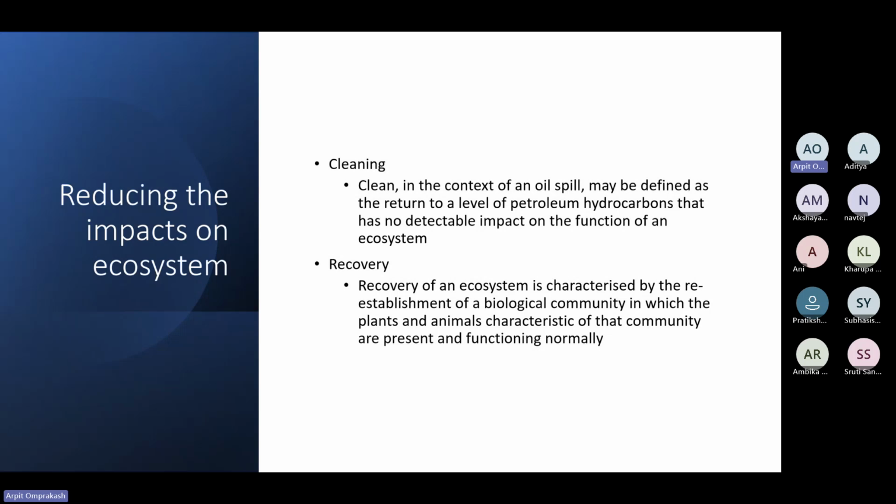Recovery, on the other hand, is characterized by the re-establishment of a biological community in which the plants and animals characteristic of that community are present and functioning normally. So cleaning is just removing the oil, while recovery is making sure the ecosystem is coming back to its stable biological state.